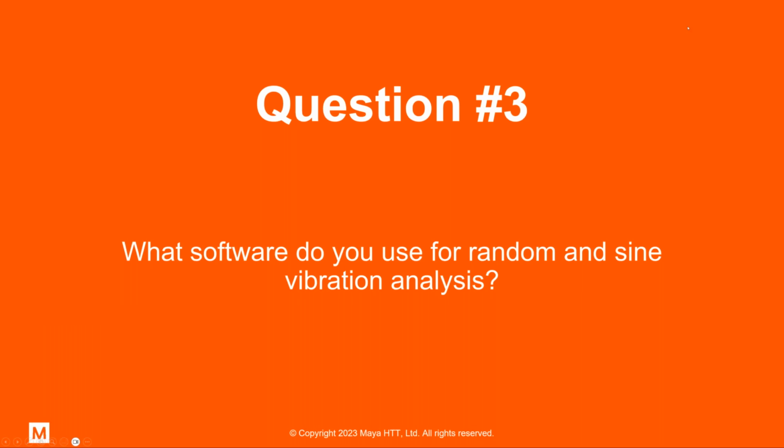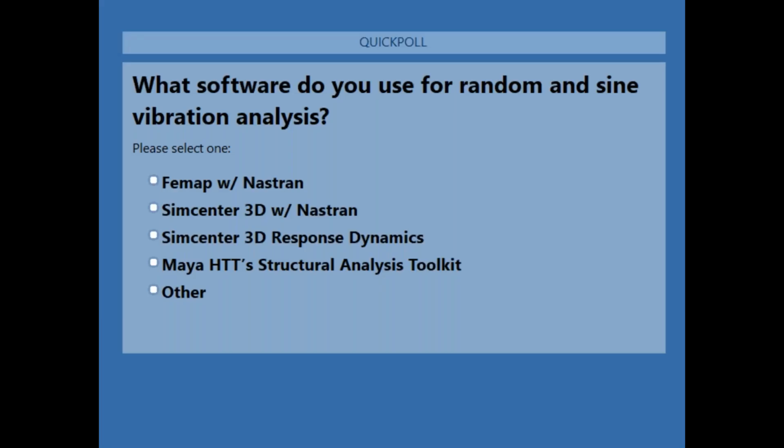Now, I'm mentioning a lot about Nastran, obviously, because those are the results that our Structural Analysis Toolkit uses, but I'd like to get a feel for what software you use for random and sine vibration analysis. I'll launch the poll here and let you all vote.